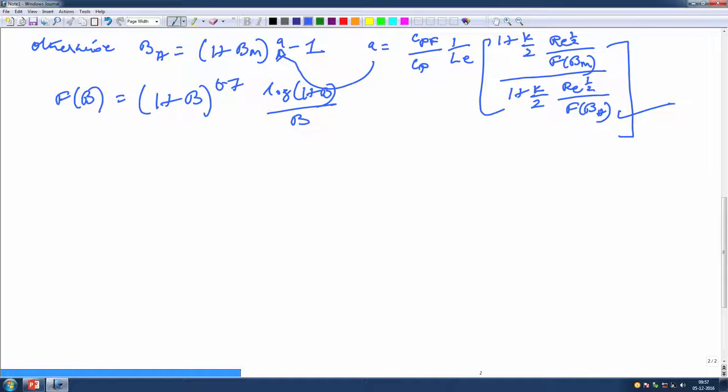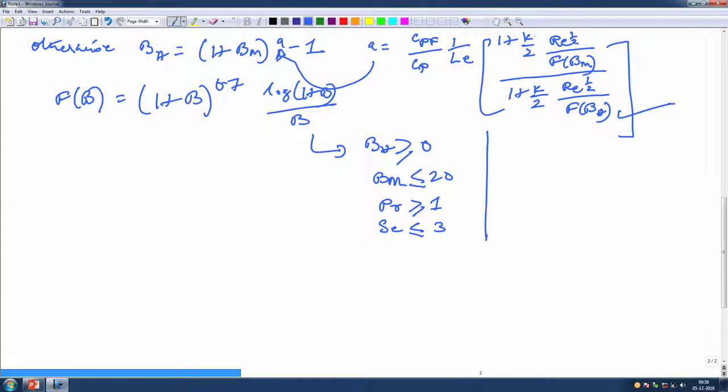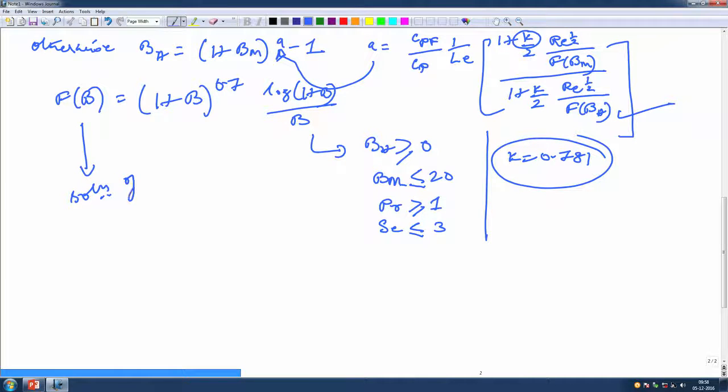Now, this is usually valid for B_H greater than or equal to 0, B_M less than or equal to 20, Prandtl number greater than or equal to 1 and Schmidt number less than or equal to 3. So that is the thing, and this k that you see over here is about 0.781. This comes from the solution of Faulkner-Skan.